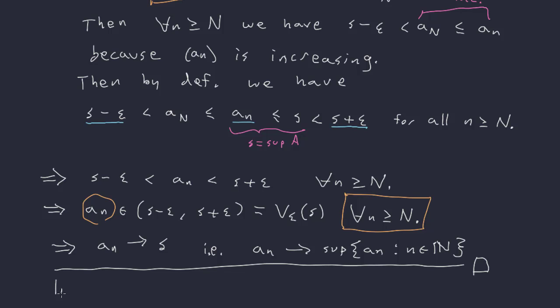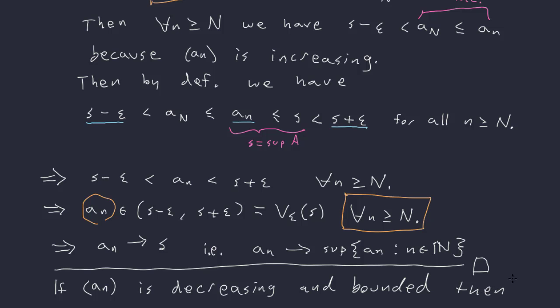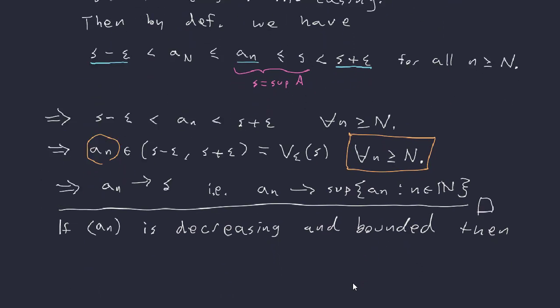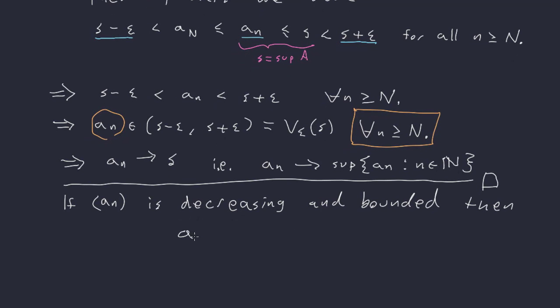So I'll say that if a_n is decreasing and bounded, then it's not that a_n goes to the supremum anymore. a_n will actually converge to the infimum.